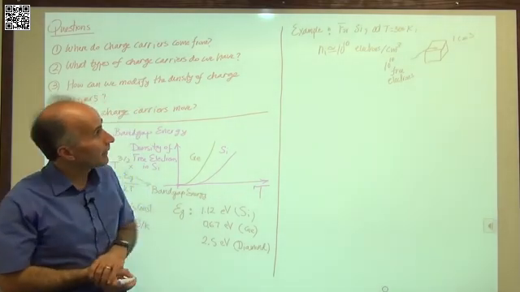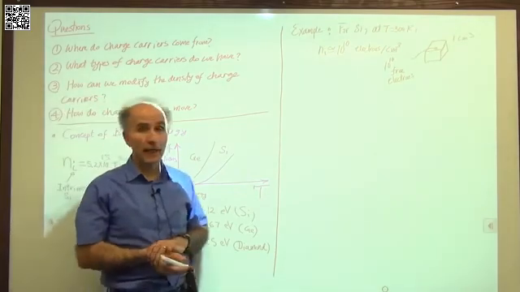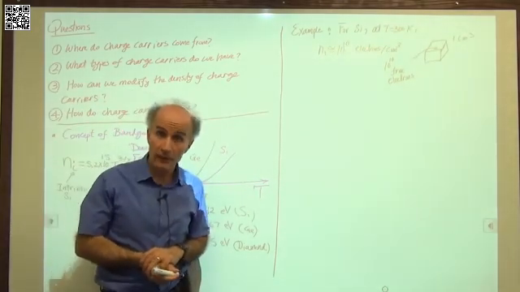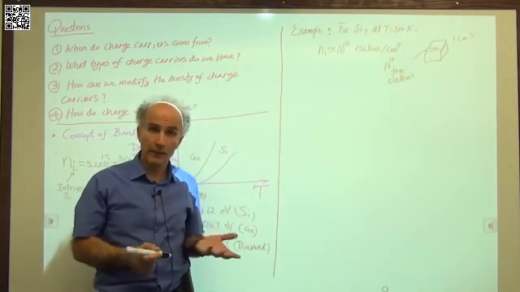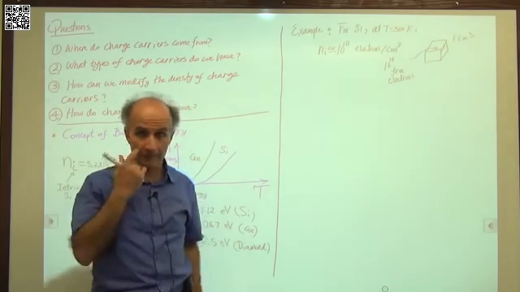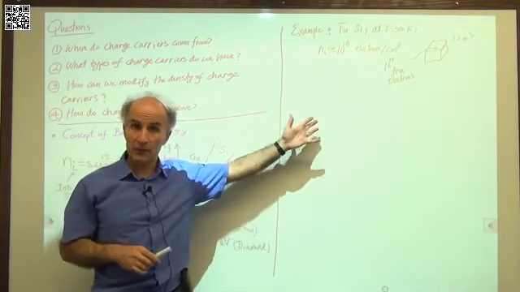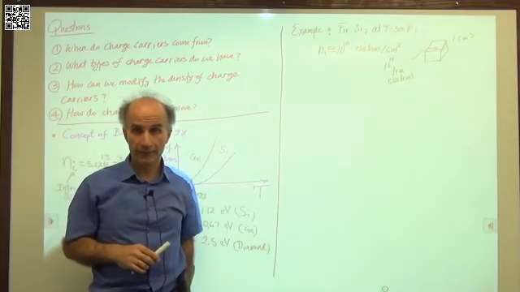All right, now this number, 10 to the 10 electrons per cubic centimeter, doesn't have too much significance for us. We don't know if this is a large number or small number. So somehow we have to compare this with something else. We don't know if this is considered a really good conductor because we have 10 to the 10 electrons in 1 cubic centimeter or not.